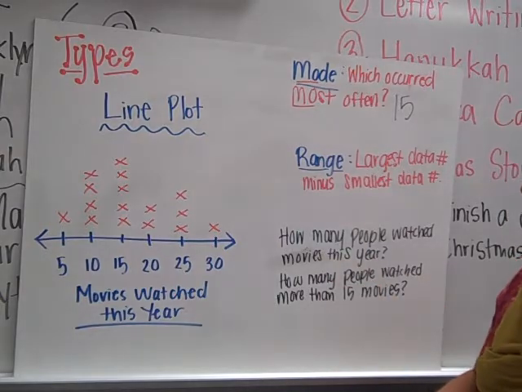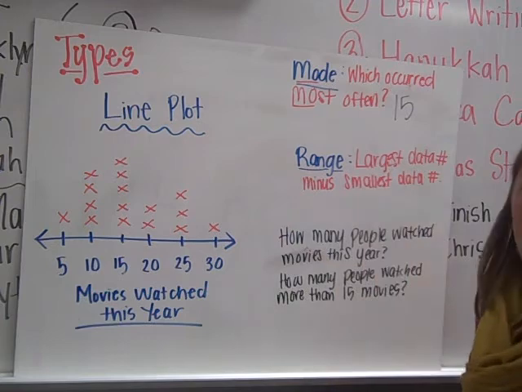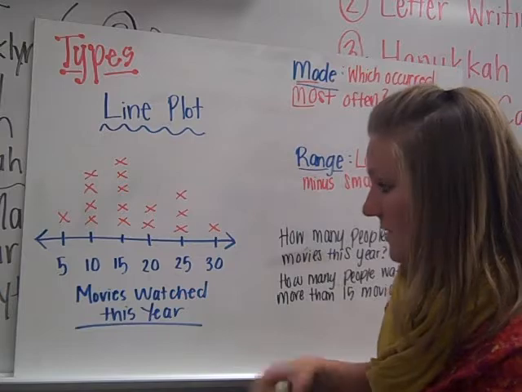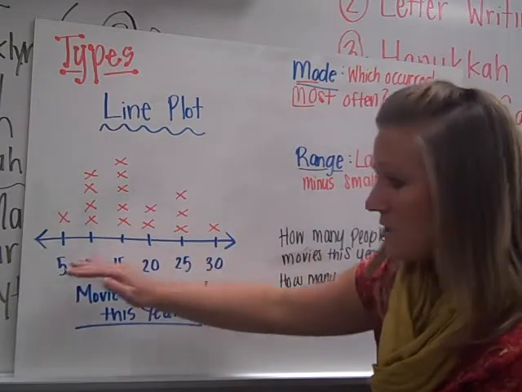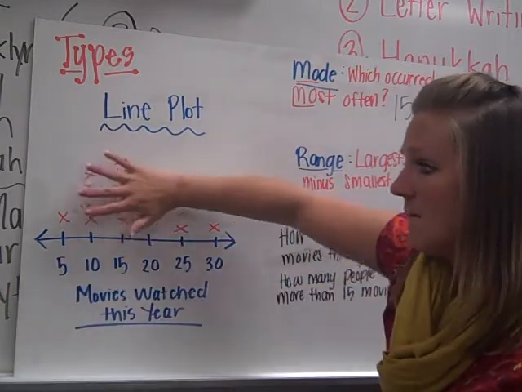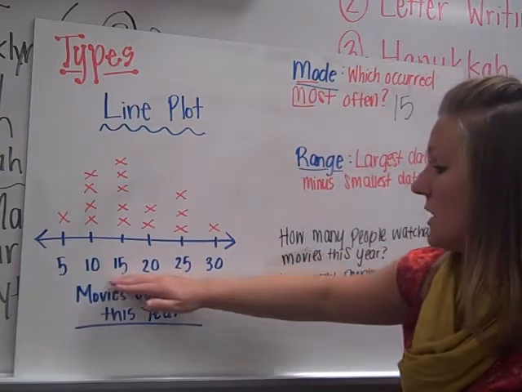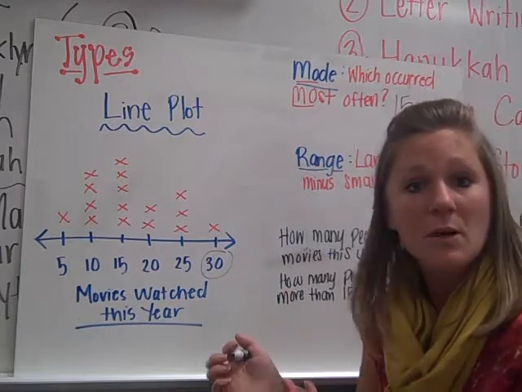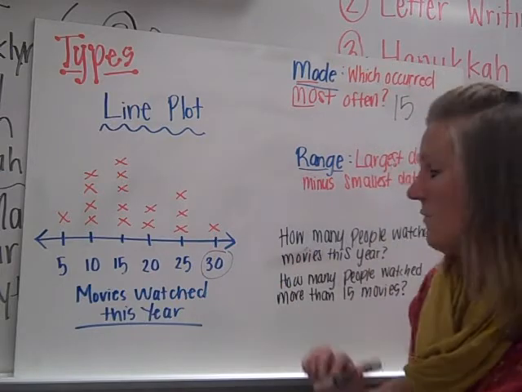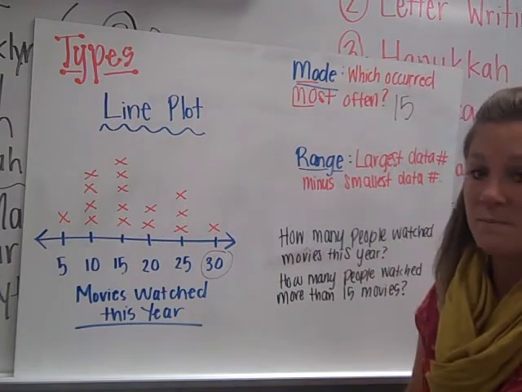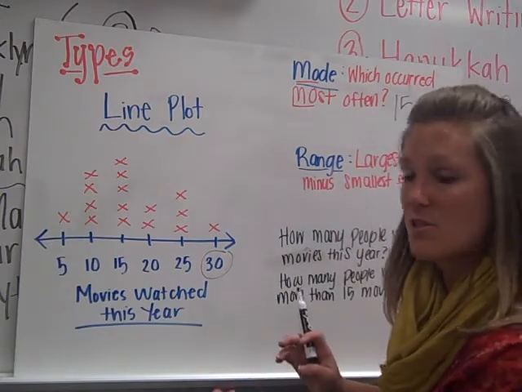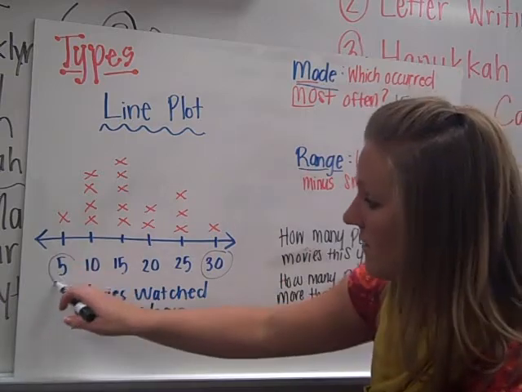The range, you're going to look at the largest data number and subtract it from the smallest data number. So in this line plot, my largest data number, and all of your data numbers are on the bottom number line. They're not up here, okay? So you want to look down here for the range. My largest is 30. That's the most number of movies someone could have watched. Now I want to find the smallest number of movies someone could have watched in this data, and it would be 5.